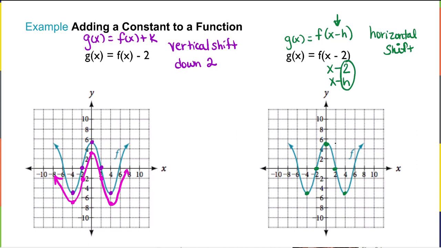Remember, they counted by 2s. So shift to the right, shift to the right, shift to the right. This one goes to the right 2. Alright, so that one shifted to the right 2.